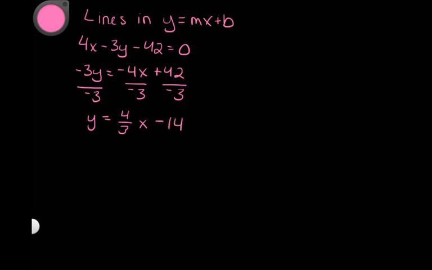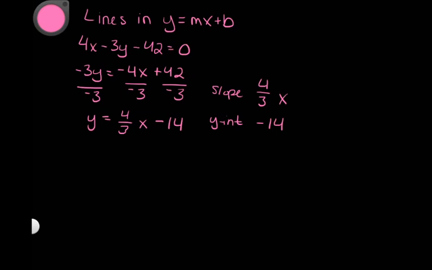So you were asked to identify the slope and the y-intercept. The slope here is 4 over 3, and the y-intercept is negative 14.